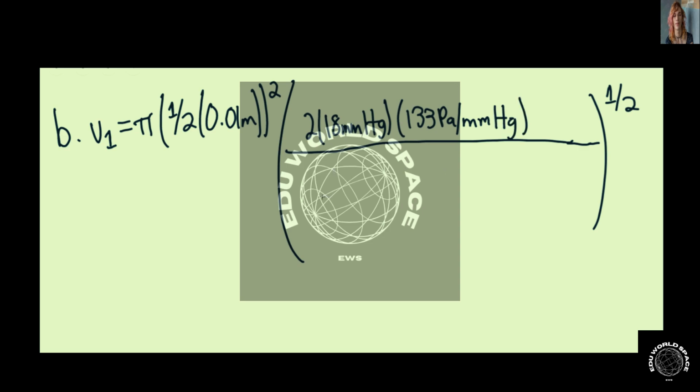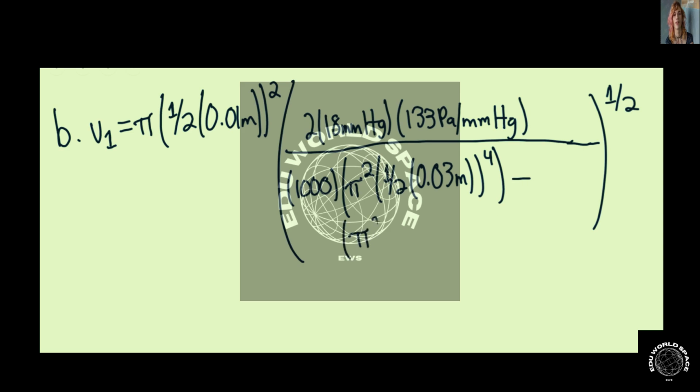And then this will be divided by the density, so 1,000 kilograms per cubic meter times pi squared of 1/2 times 0.03 meters quantity to the 4th.